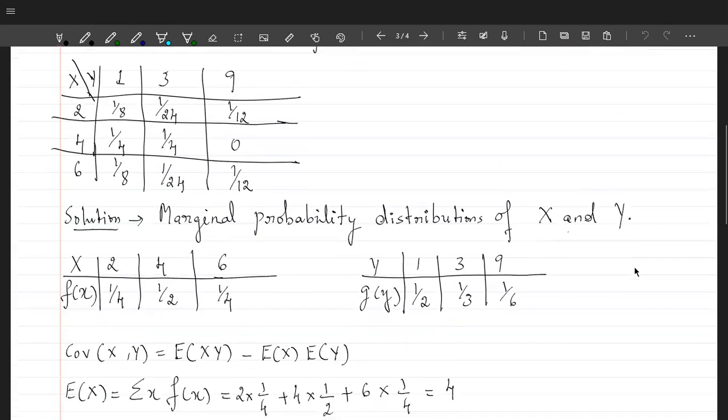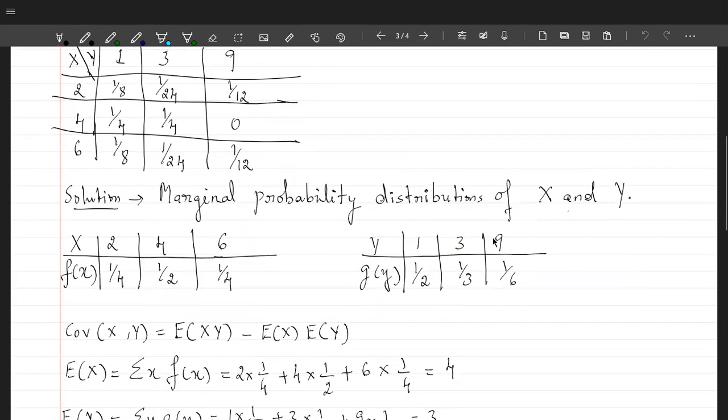So now using this joint probability distribution table, you will have to make the marginal probability distributions of x and y. So as we have done in the earlier problem, first we list out all the values taken by x. X takes the values 2, 4 and 6. Now if you want to find the probability that x takes the value 2, then we have to add these 3 values, because when x is equal to 2, y can be equal to 1 or 3 or 9.